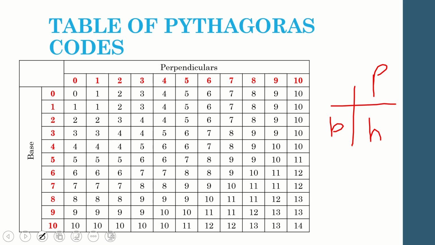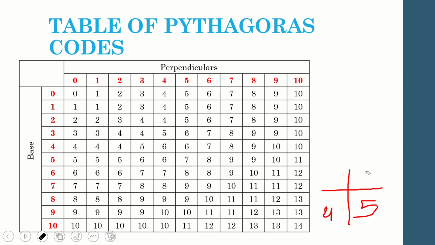I also shared one example with you. Suppose this is 3, this is 4, you will get 5, or I can reverse it.